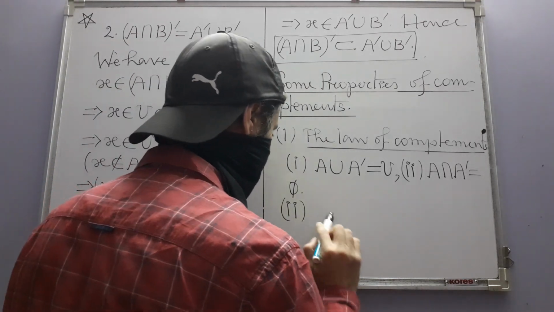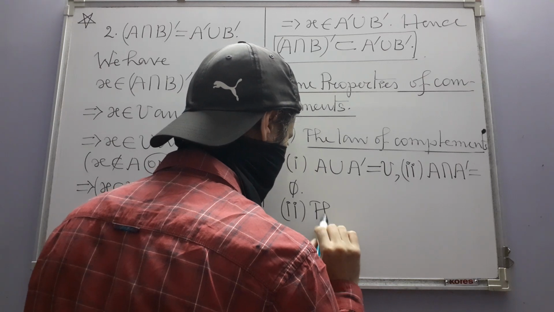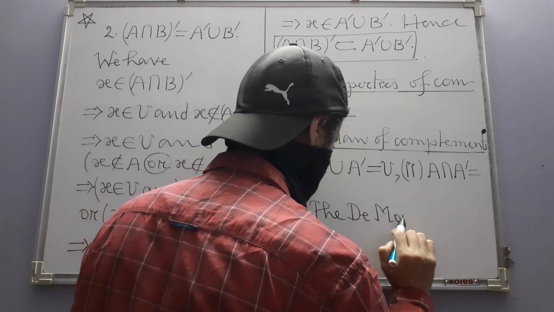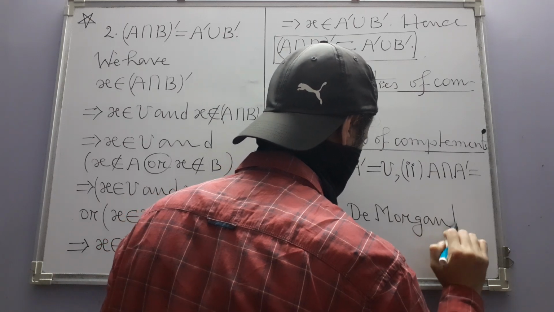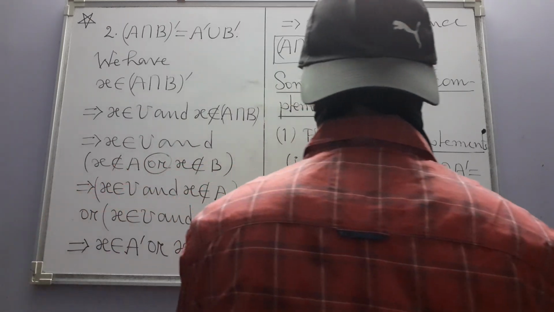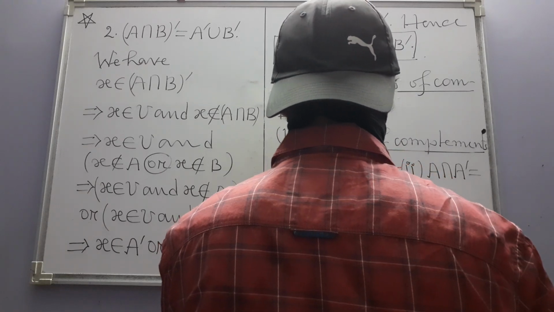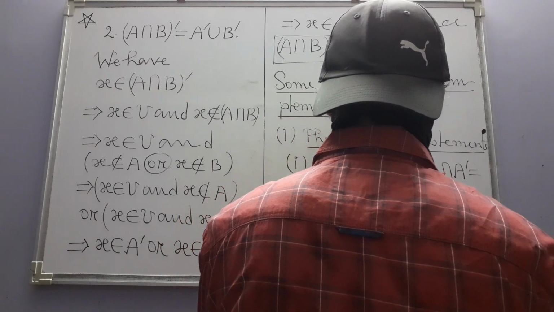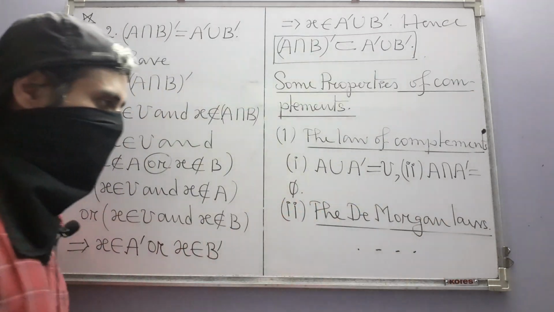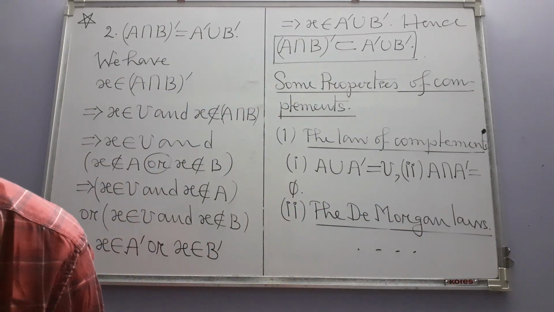Number 2, of course, the De Morgan laws. Because we have already written what the laws are, I'm not going to write them again here. Okay, so you know that number 2 has the De Morgan laws.